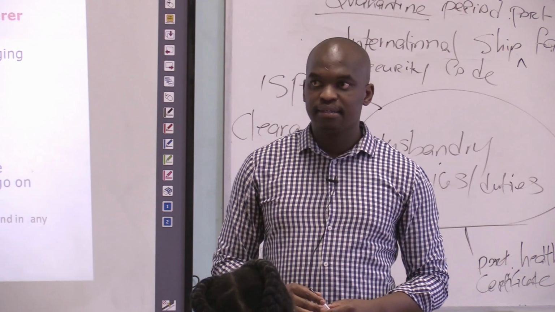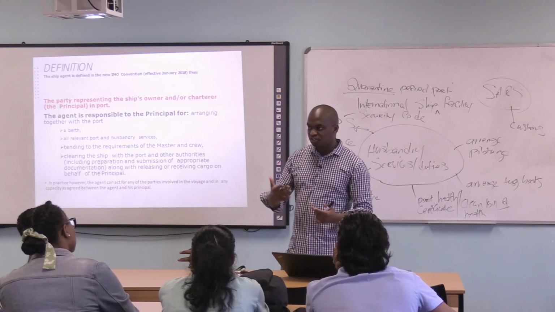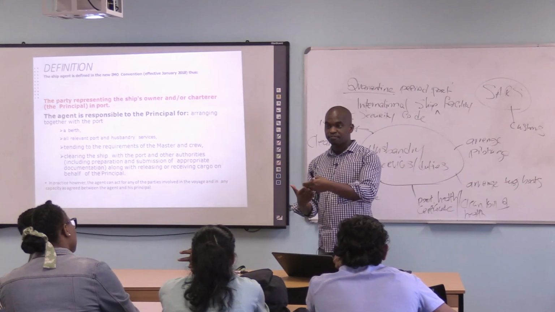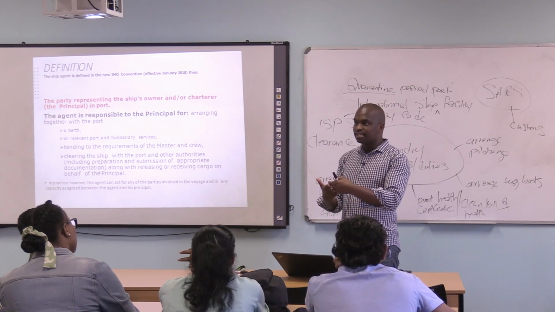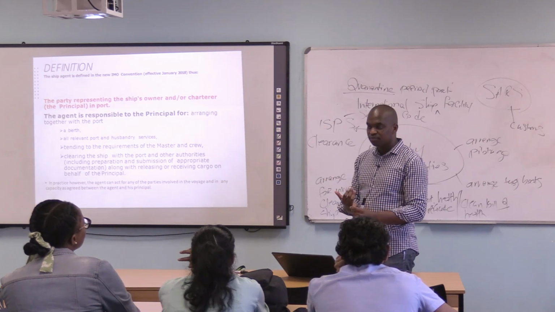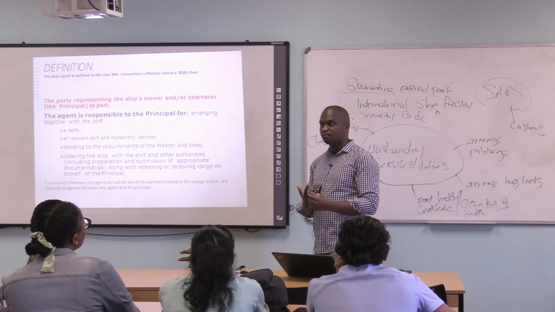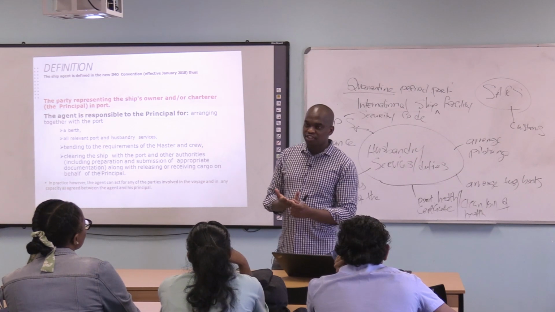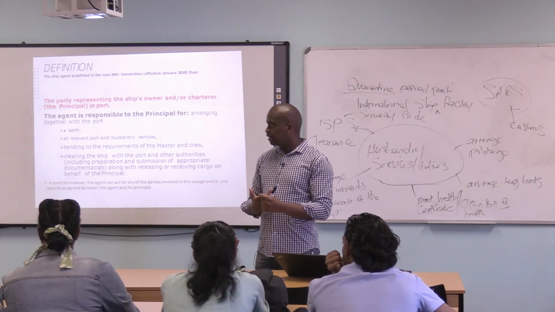And Transnet would, before the ship arrives, already have details of the ship. They would already know the name of the ship, how many crew members are on board, and what nationalities they are.